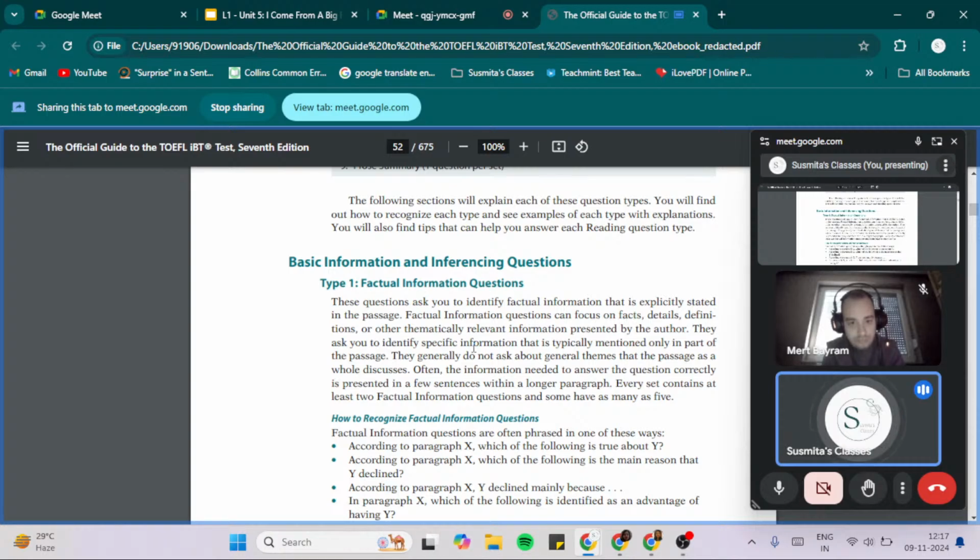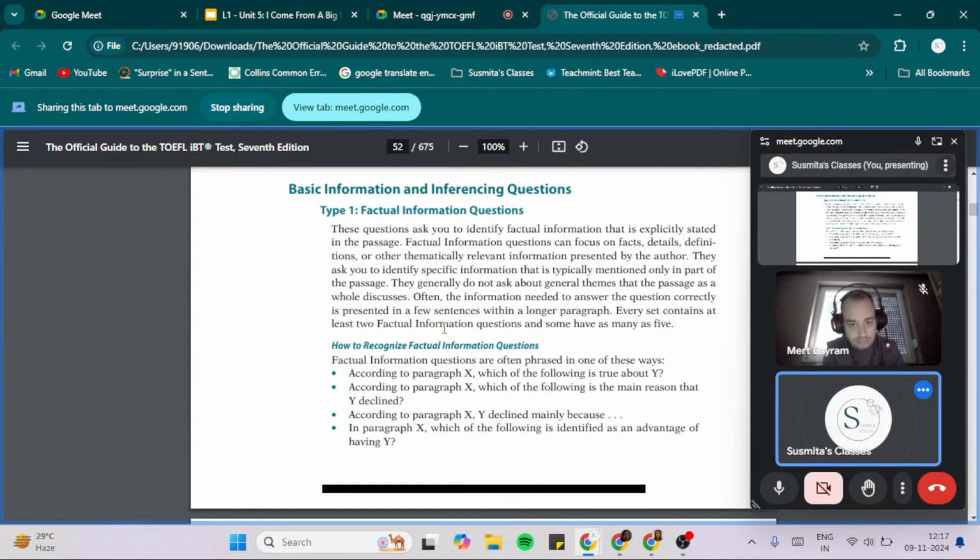Now, how will we understand that? First, we have the type 1 question, the factual information question. What do we mean by factual information? It's a fact. It will be explicitly stated in the paragraph. You just need to read the paragraph, find that information, and select it.